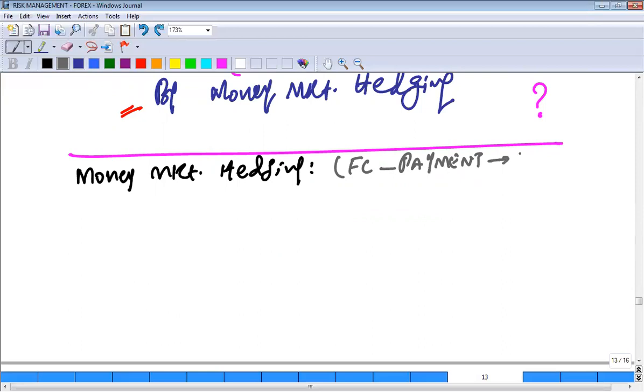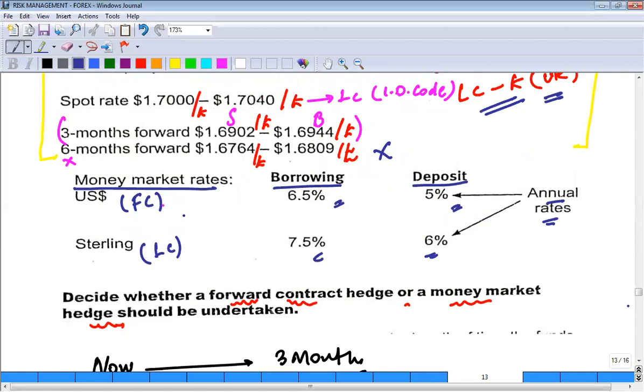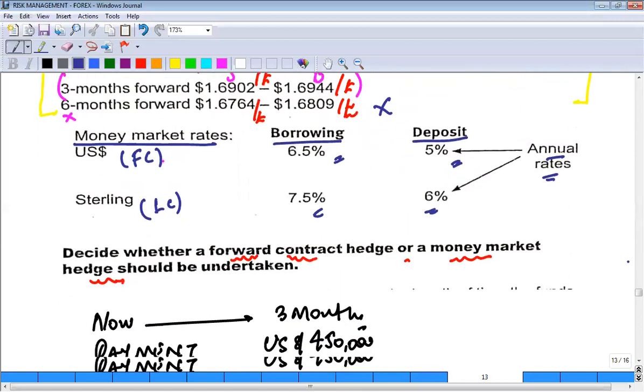Foreign currency liability. So for a liability, we have to develop a foreign currency asset. Now listen carefully. Asset means investment rate, foreign currency. That is 5%. But this is an annual rate.